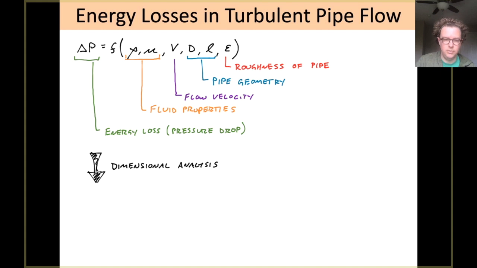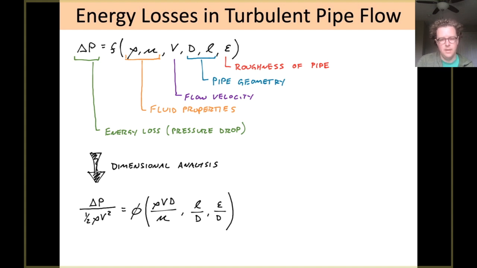And you should be able to recover from that a non-dimensional equation that looks something like this, where we've got the pressure drop equal to some function of the Reynolds number, the aspect ratio of the pipe, or its length to diameter, and epsilon over diameter. So how big is an individual roughness element relative to the diameter of the pipe? You might think about that as the average fraction of the diameter where each little roughness would stick up.